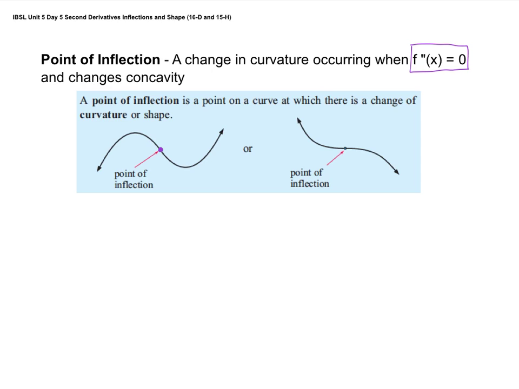If you notice here, for this part of my function, we are concave down. So that means my second derivative is negative. Well, over here, once we get past this, you can see it's starting to move towards the increase. It's still going down here, but it's going down slower.